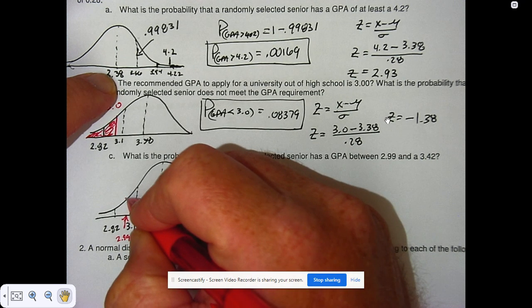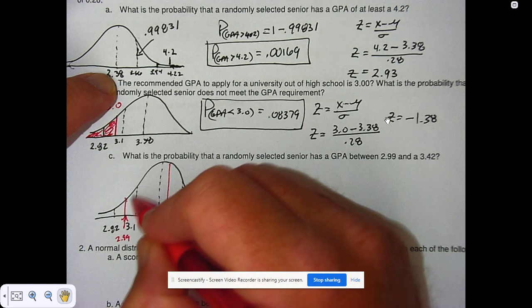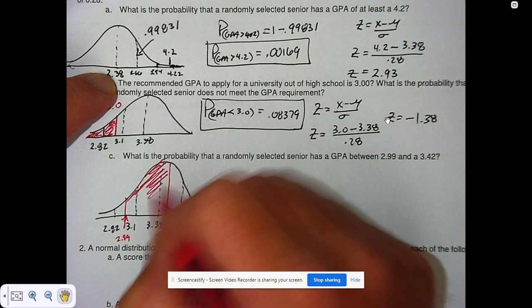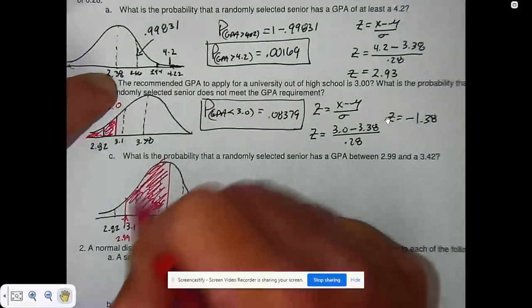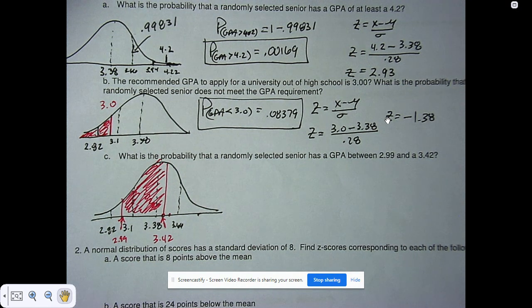So I want this area here. So just a little bit in front of the mean, more than the mean, all the way to more than one standard deviation less than the mean.